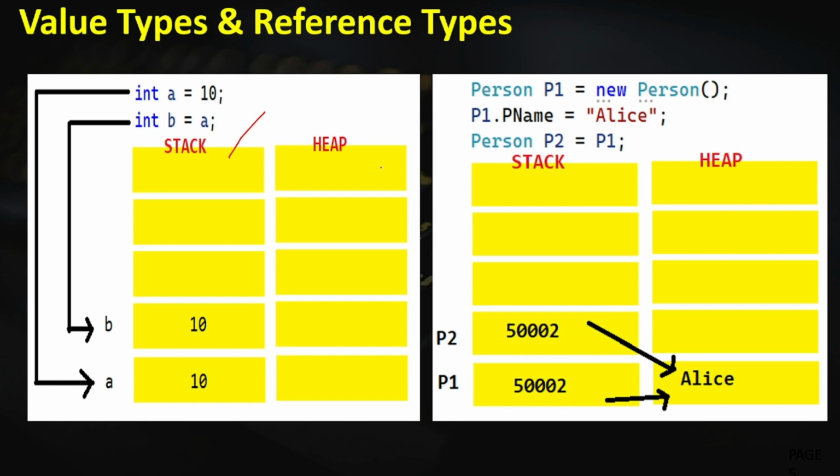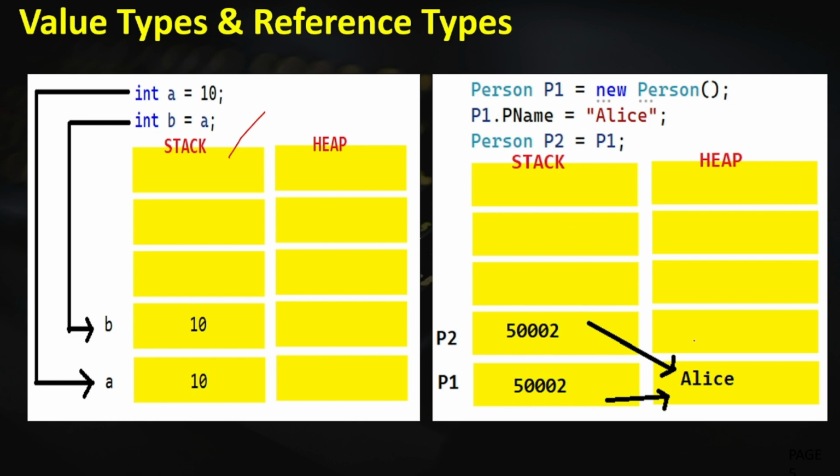At the same time, I have a class called Person which has a field called pname. I'm going to create an object of this class, and then I assign a value called Alice to this pname. Then I'm going to create another object and assign p1 to p2.